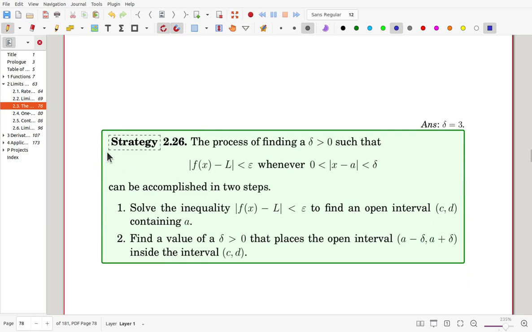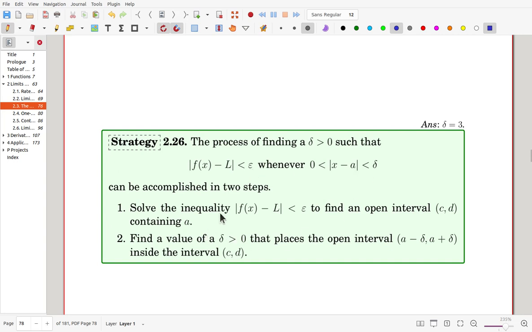Here, to summarize, the strategy and the process of finding delta is given in this way. Basically, we have to solve the problem: for given epsilon, we have to find the delta. Epsilon can be given as a specific number, or just simply epsilon. Anyway, epsilon is given, we have to find delta.